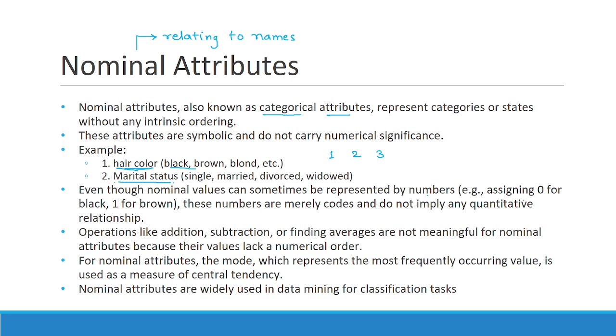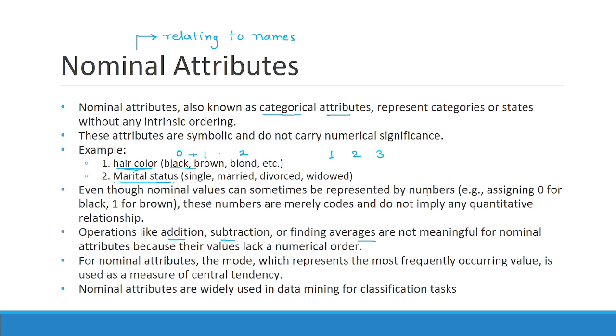Sometimes as per requirement we may assign values to these variables, but they will not have numerical significance. We cannot perform addition or subtraction, or find an average. If black is 0 and brown is 1, then 0 plus 1 equals 1 has no numerical significance. We are just giving numbers according to requirement.